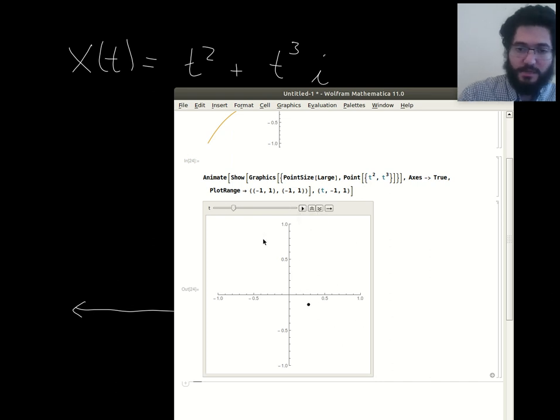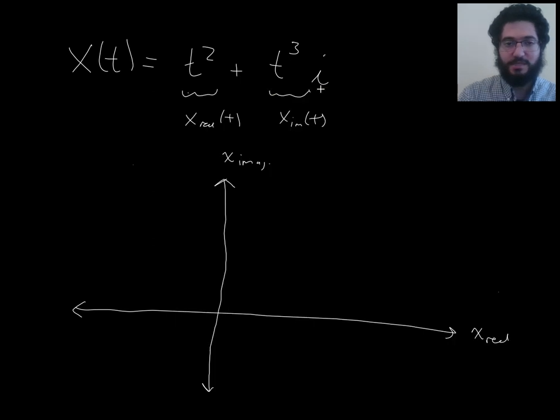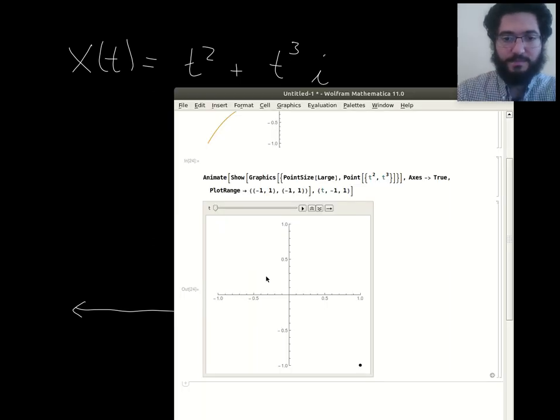Now, that's nice that you can see the animation, and it's a really solid, good way to visualize what's going on. But what you might like to see instead is the trajectory that the dot is following. That would be a good way to visualize the information that's contained in this complex valued function.